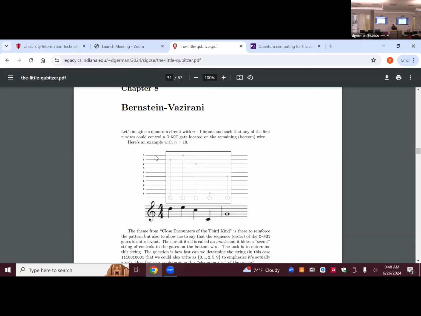So if you try things out one wire at a time, the wire that you're interested in, and see if there's a change in the bottom wire where you feed a 0 at the bottom and a 1 on the wire that you're testing, if you go through all 10 wires, you'll find out. If you have 100 wires, then you have to do 100 tests. If you have 4 wires, there are 4 steps. So the number of checks in a classical sense is going to be as many as wires.